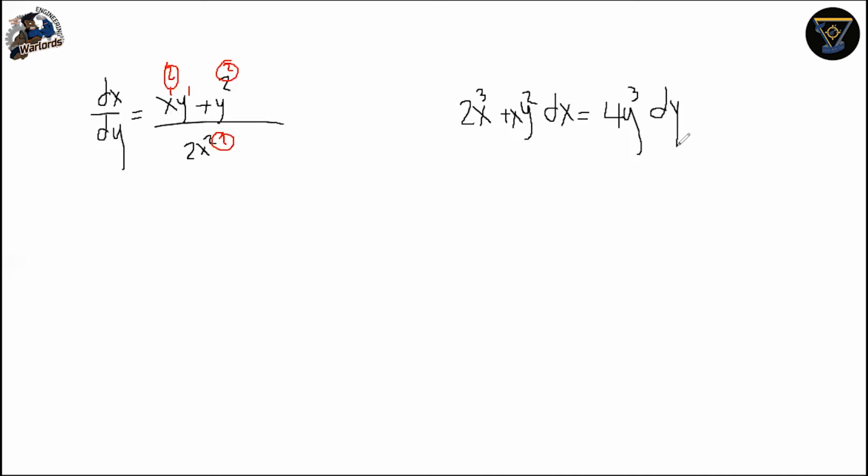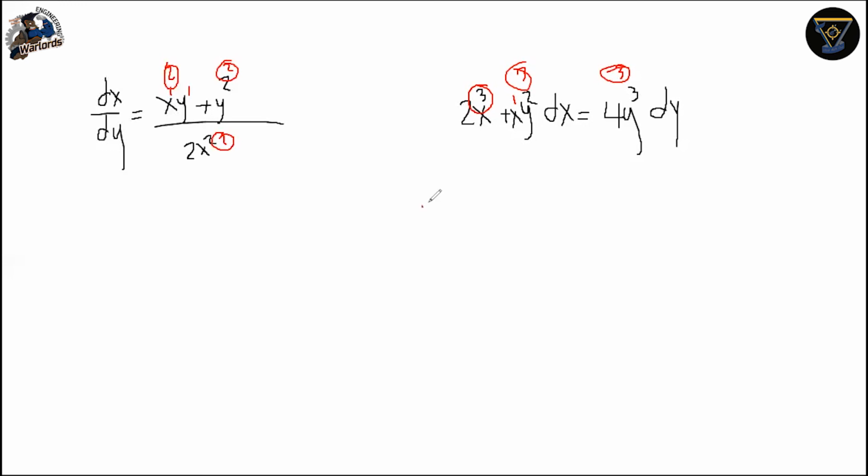How you know if it's homogeneous is that you add the powers. So this one has a power of 3. x has a power of 1, and 1 plus 2 is 3. And this has a power of 3. So that's how you know if it's homogeneous. That's just a trick, because they gave you a formula to prove if it's homogeneous.